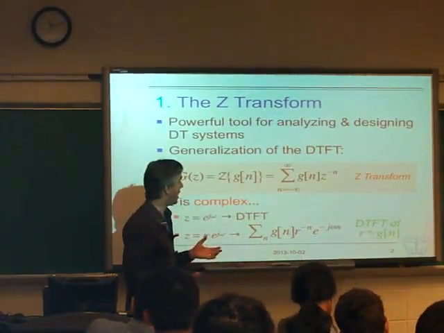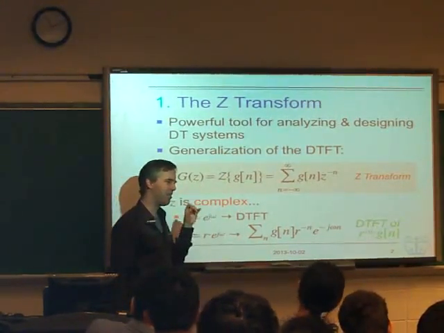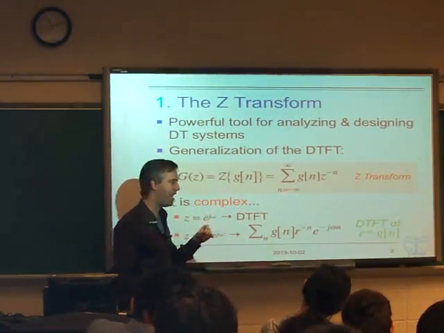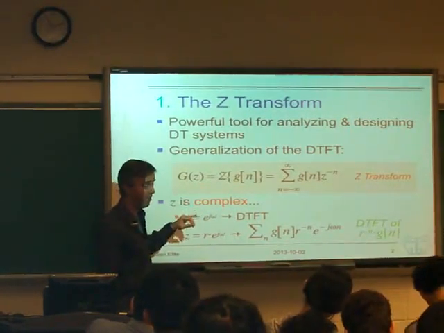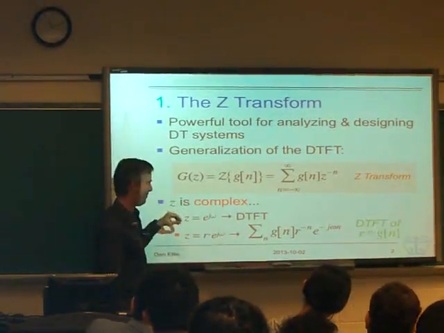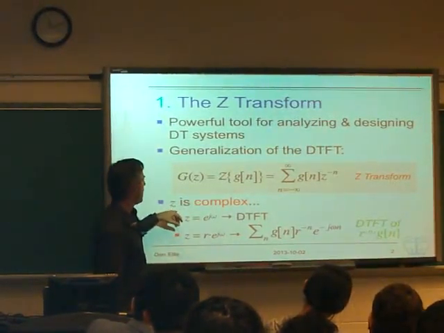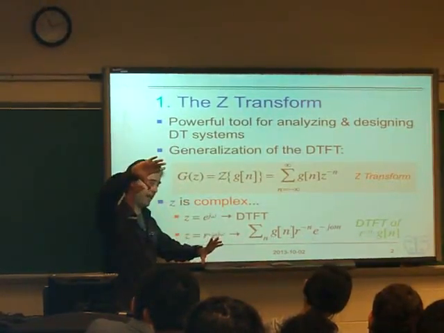We're thinking of this as a function of z, and we're not specifying z. Moreover, we're thinking about z as a complex variable, which means that g of z exists on a complex plane.